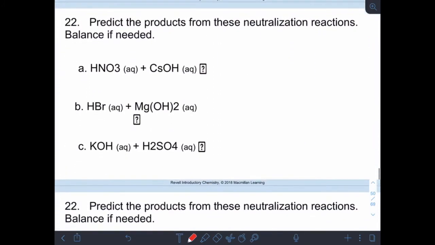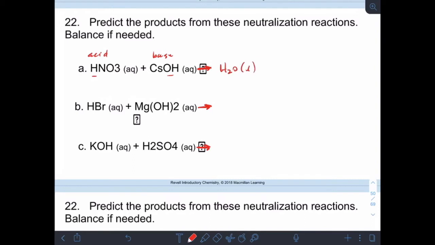Okay, let's take a look at our acid-base reactions here. So we have, starts with an H, we have an acid, has an OH, that's a base. And we know that one of our products when we have acid plus base is liquid water.